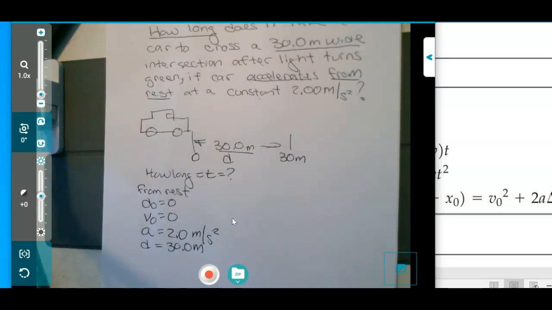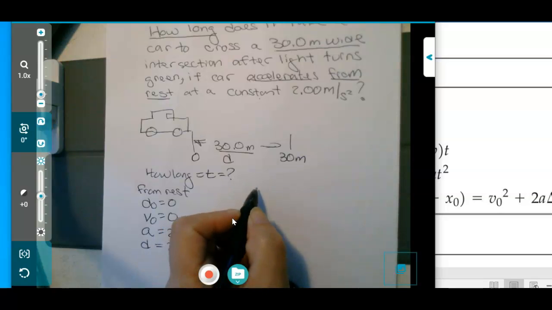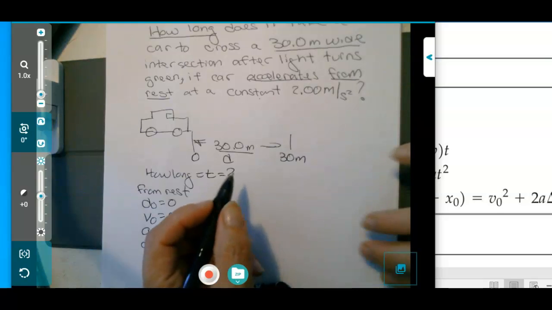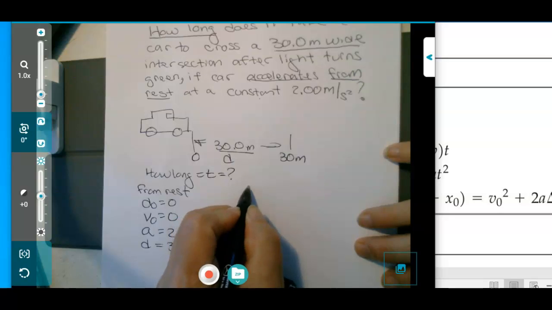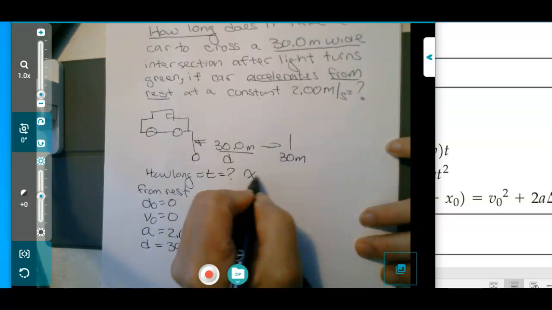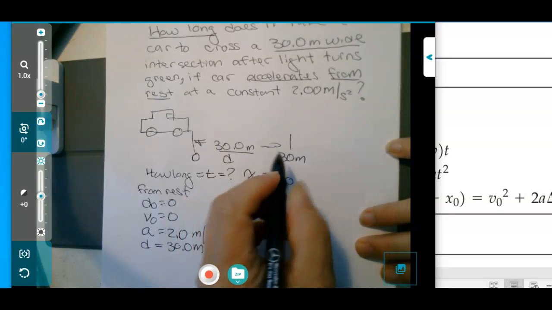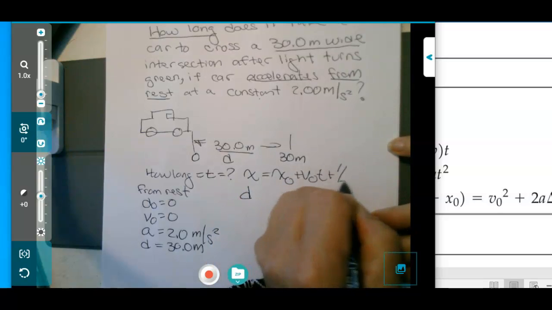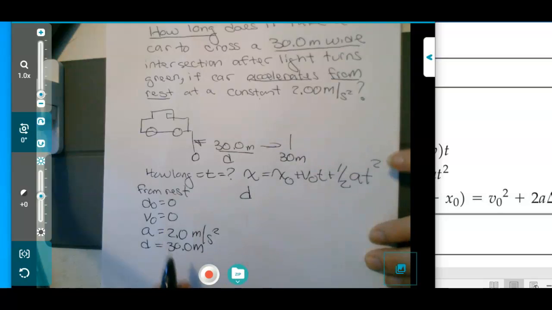So basically, it comes out to be, if I used that equation, so I would write, if you write them in d's, I can write the x's first. So it would be x0 plus v0t plus 1/2 at squared.